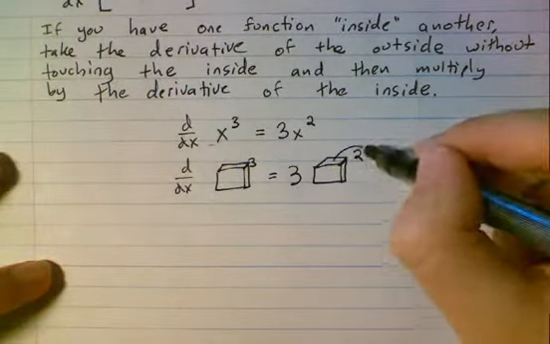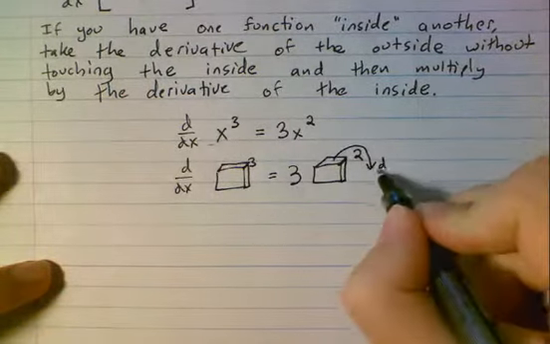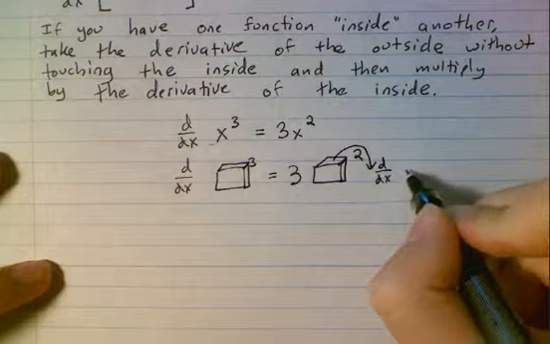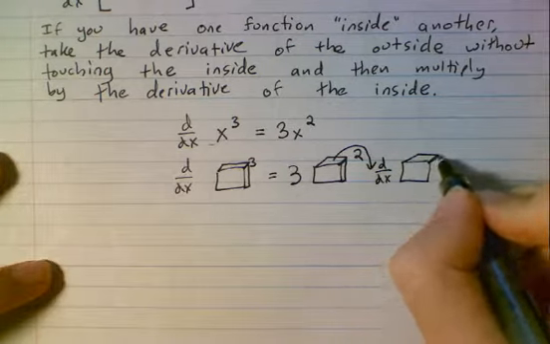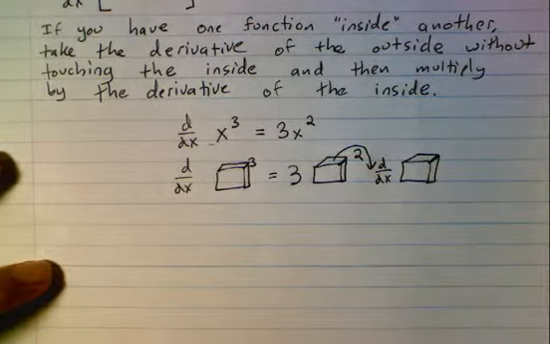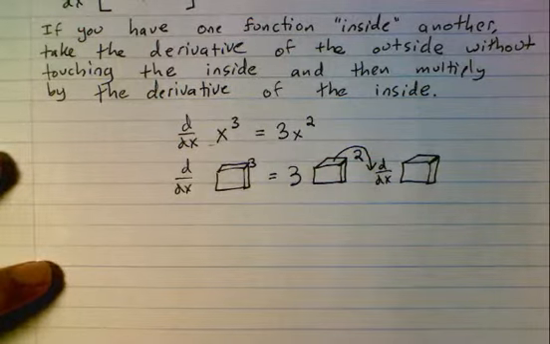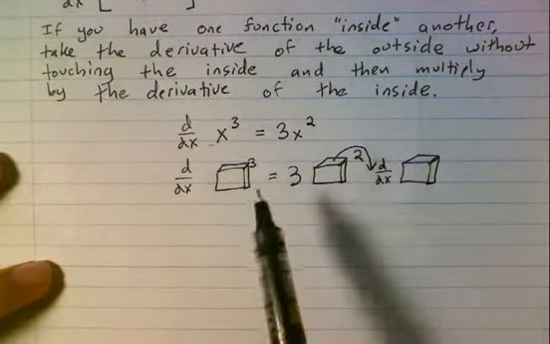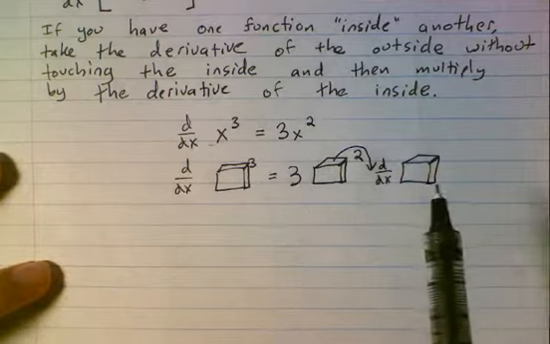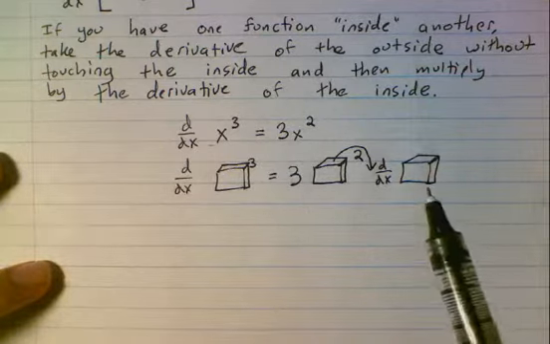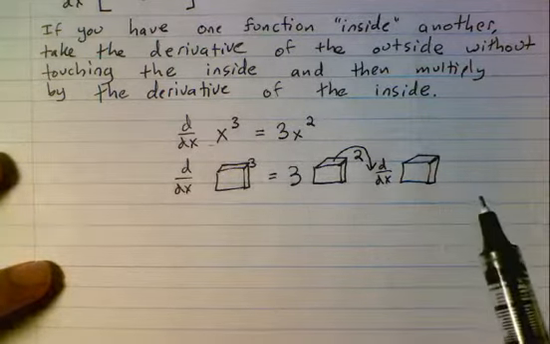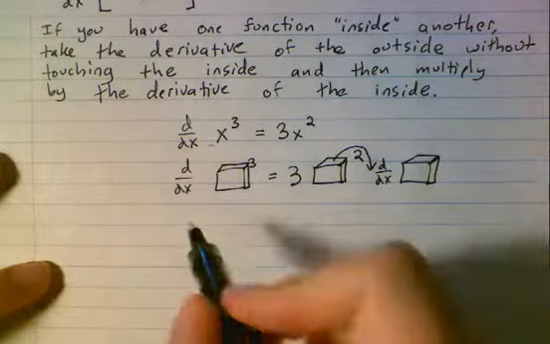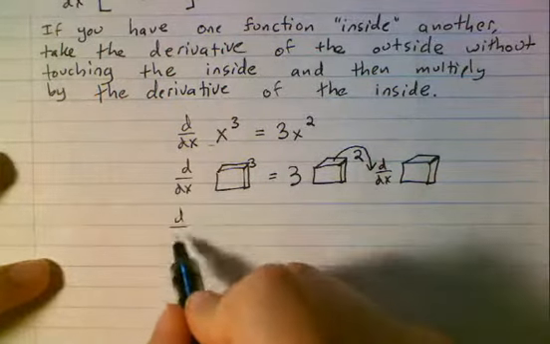Then we take whatever was in the box and take its derivative. If there's only x in the box, then the derivative of x is 1 and doesn't really change anything. So let's imagine this scenario.